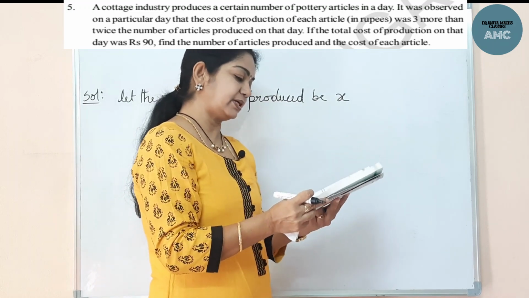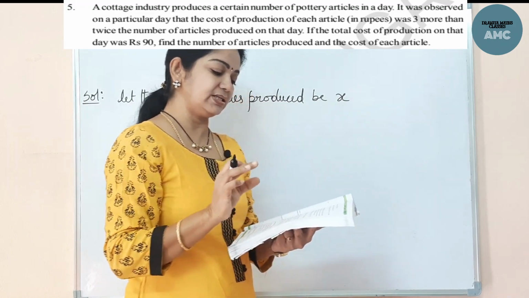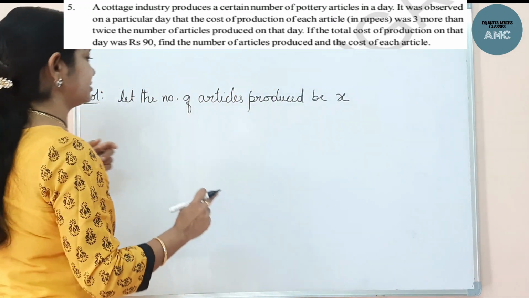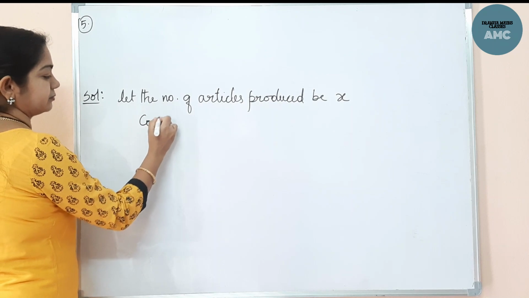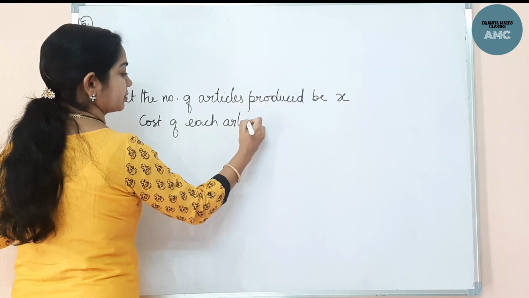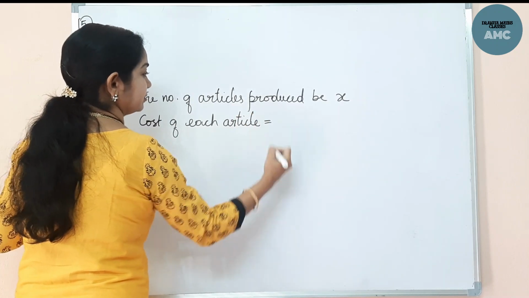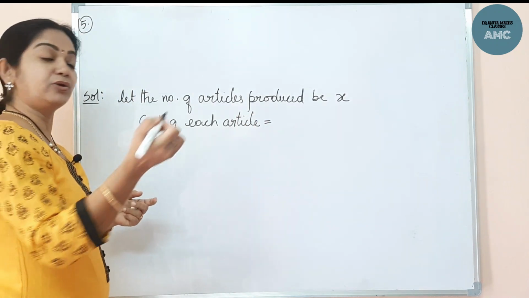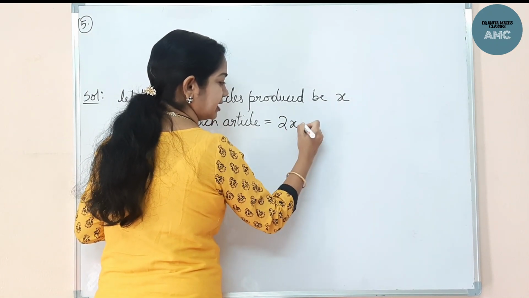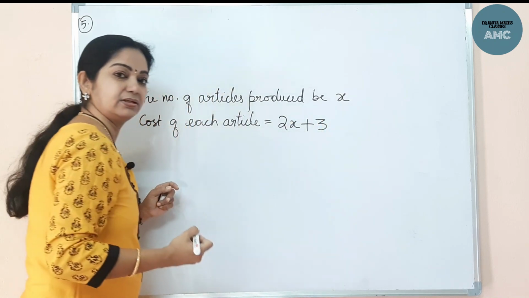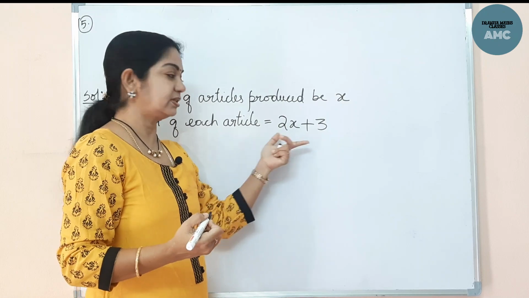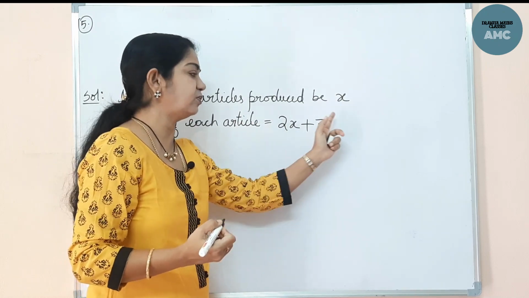The cost of production of each article is 3 more than twice the number of articles. So the number of articles is x, then the cost of each article is 3 more than twice the articles. Twice the articles is 2x, plus 3. 3 more means add 3 to twice the articles. So this is the cost, in rupees.